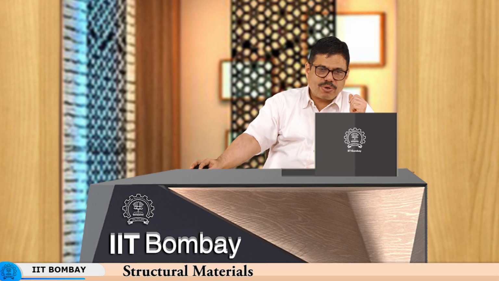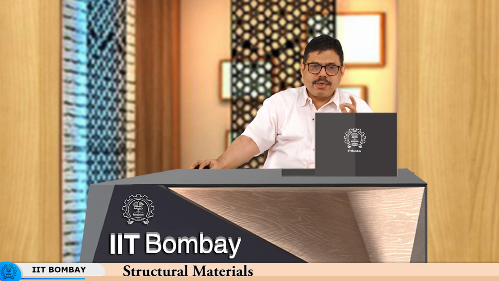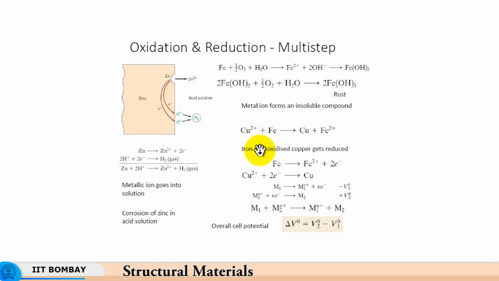So, that behaves anodic with respect to the region where the grain boundary area is smaller, and therefore, again within a single piece of zinc you would find that a cathode and anode get set up on their own. So, it does not need two separate materials all the time for corrosion to take place or for cathode and anode to get set up.